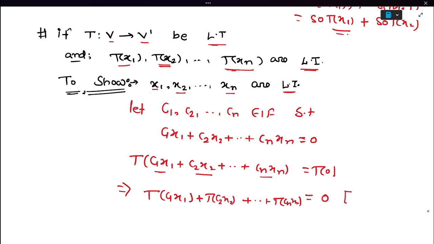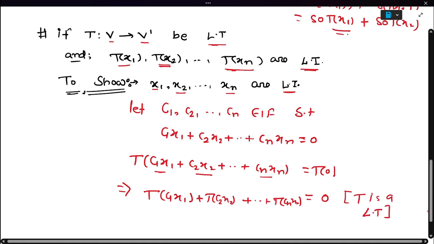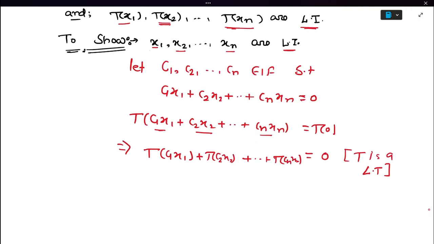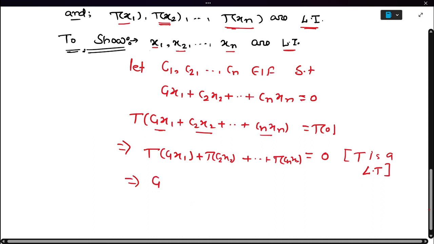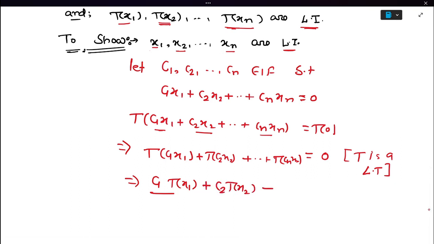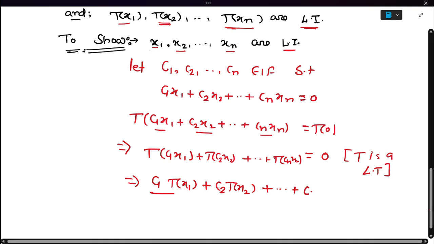Because T is a linear transformation. Also, because of linearity we can write c1 T of x1 plus c2 T of x2 plus dot cn T of xn equals 0.